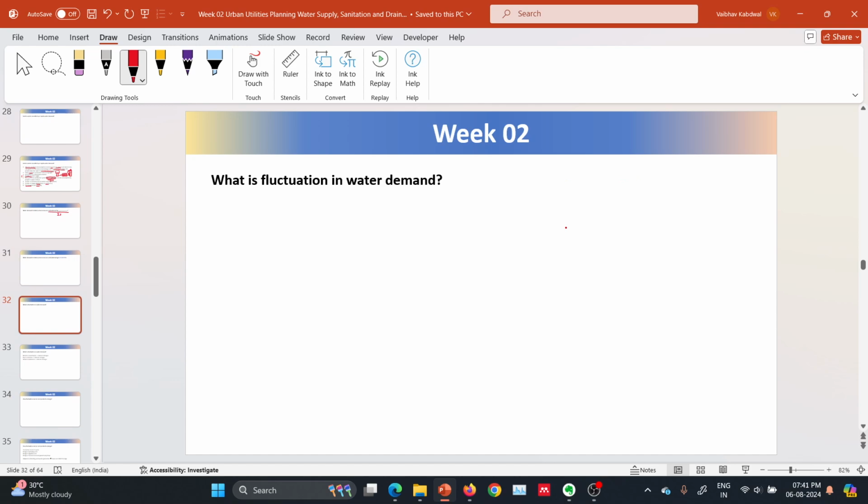So what is fluctuation in water demand? If you see, let's take the example of Delhi.